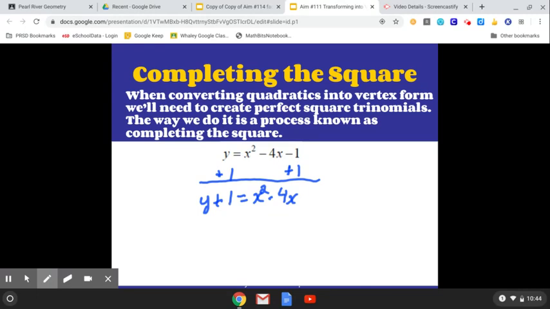Now, we are about to complete the square. Now, when we complete the square, here's what you do. You take the b value, in this case, -4. Cut it in half. Okay, that gives me -2. Then square that number.